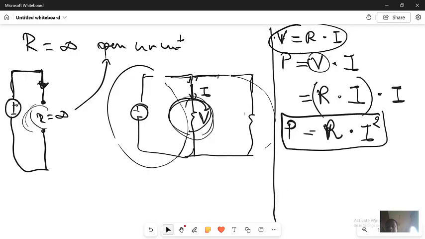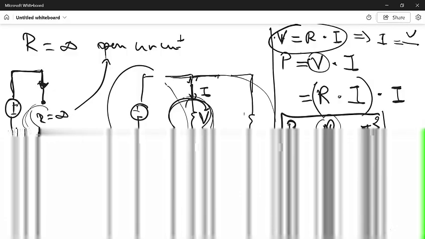If I don't know the voltage, I can determine the power by using the resistance multiplied by the current squared. From this formula, I can also determine I equals V divided by R.